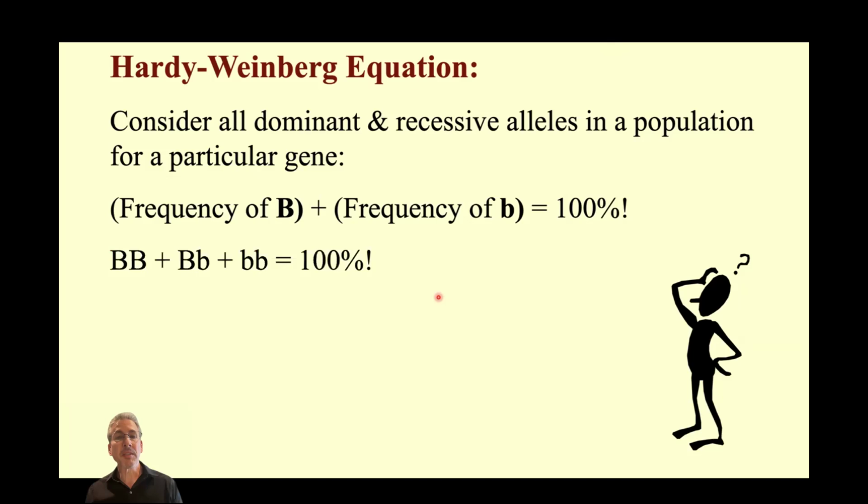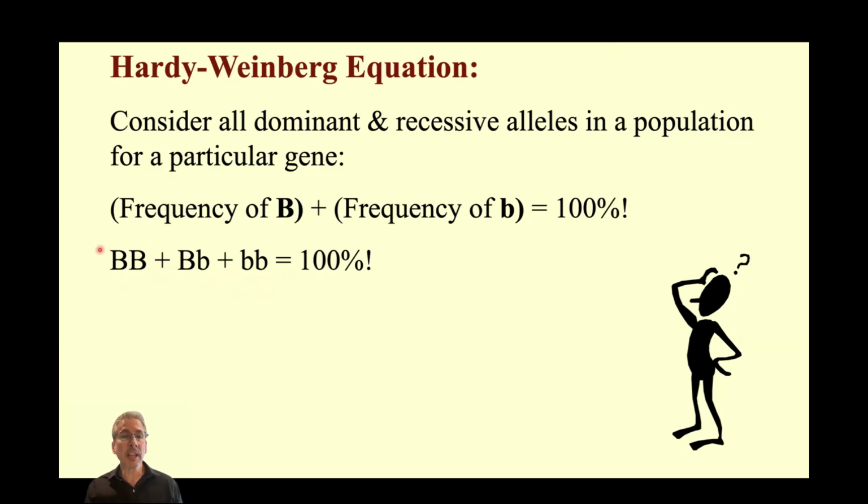Then let's think about genotypes. You can think about individuals in your population as being either homozygous dominant, big B big B in this case, homozygous recessive, little b little b, or heterozygous, big B, little b. Again, those are the only options. You're either one of these three genotypes.